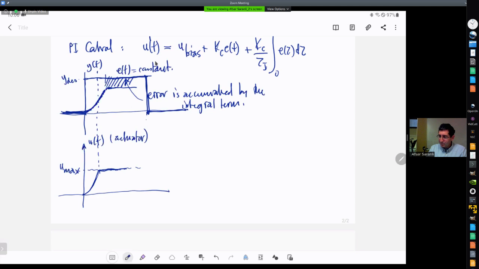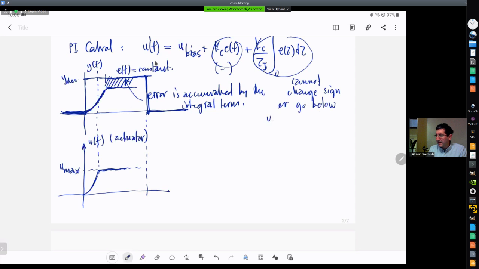But even if this term becomes negative now, unfortunately this cumulative term cannot change sign or go below U max immediately.